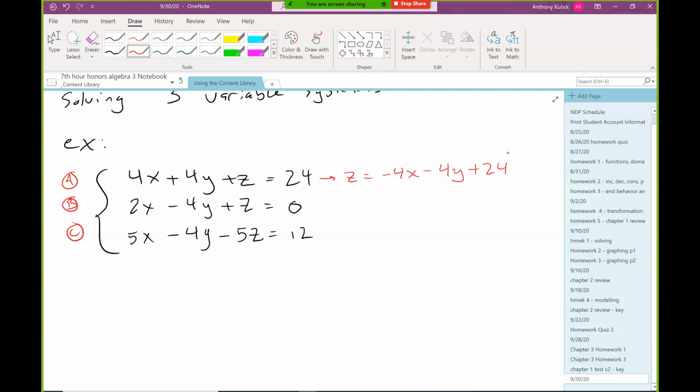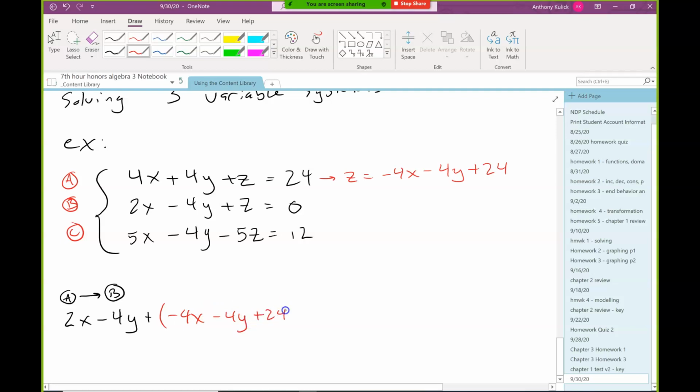So I'm going to substitute that now into equation B. Let's say A into B. So we have 2x minus 4y plus, and then instead of Z, I'm going to write minus 4x minus 4y plus 24 is equal to 0.